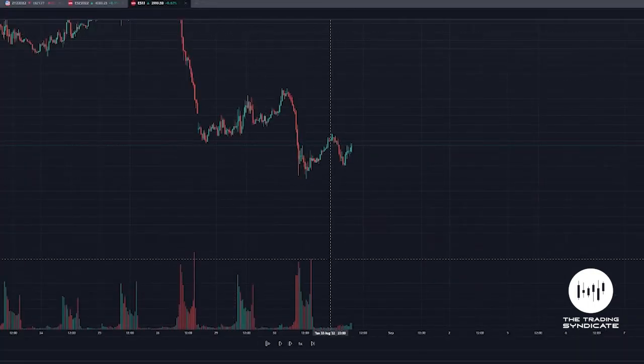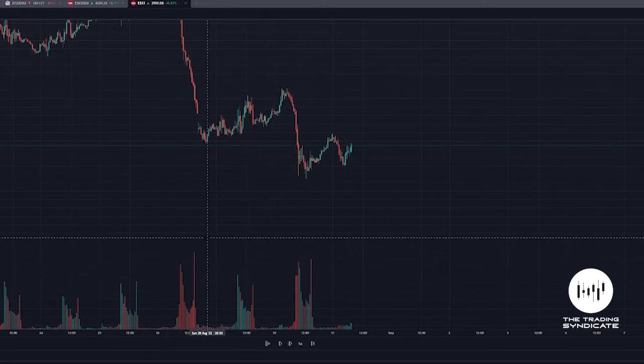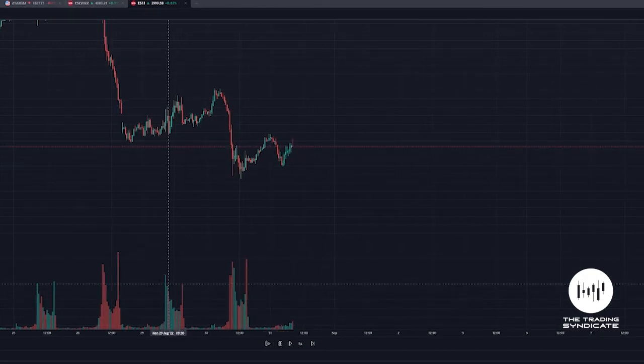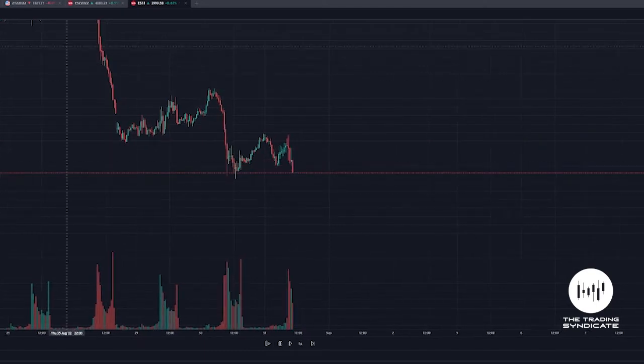Okay, this is August 31st on the ES 30-minute chart. We just have no indicators on the chart except for the volume bars. So we see we're in a downtrend.